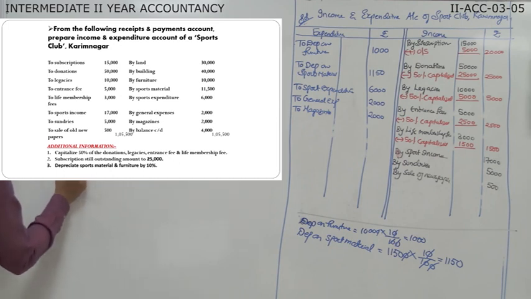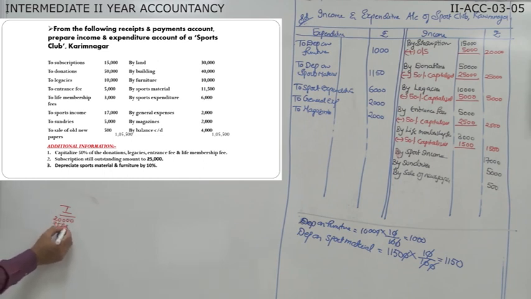So income side: 20,000, 25,000, 5,000, 2,500, 1,500, then 17,000, then 5,500.